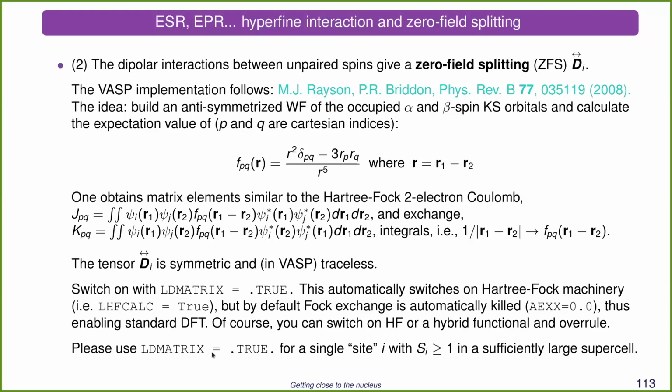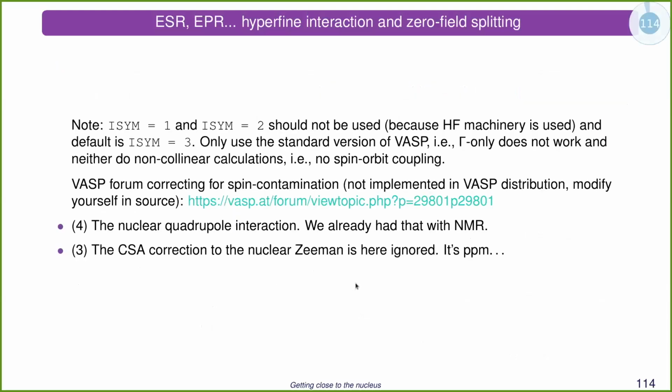Okay, when you do it, you switch it on, but then you take a single site with a few unpaired electrons in there with some effective spin in a sufficiently large unit cell so that it doesn't feel its periodic image. That's what you have to do. And you have to be careful with symmetry.